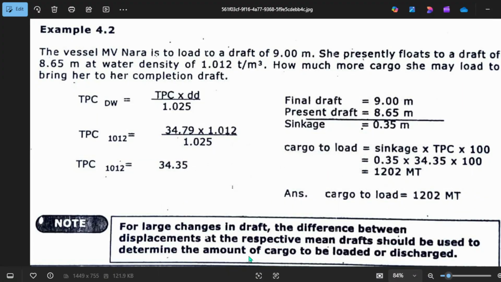So this is what it meant here: the difference between displacement and the respective mean draft.